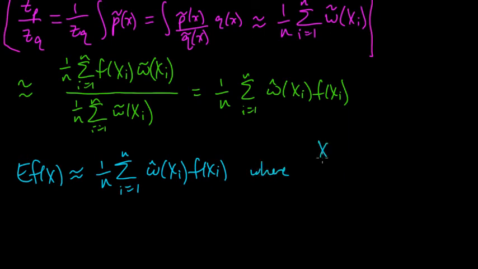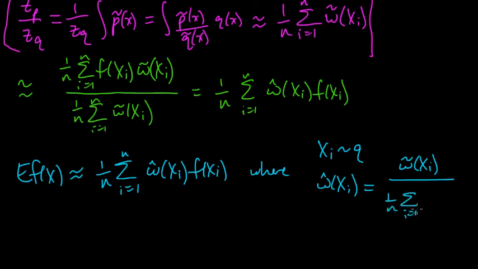where x1 through xn are distributed according to q, and w hat of xi equals w tilde of xi divided by the average, 1 over n, sum of w tilde xi.